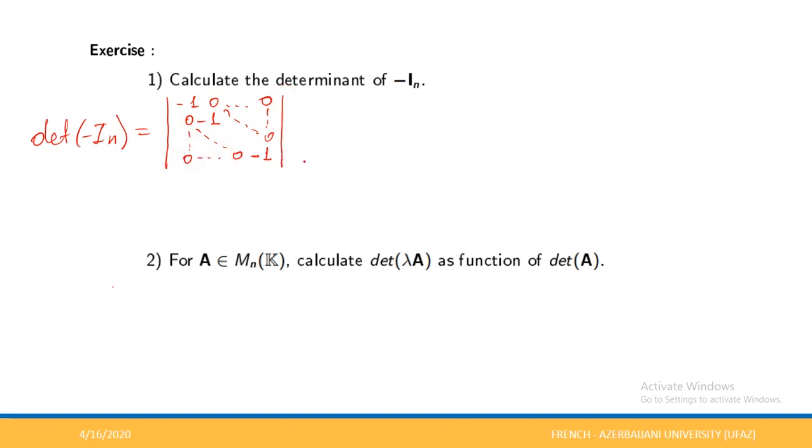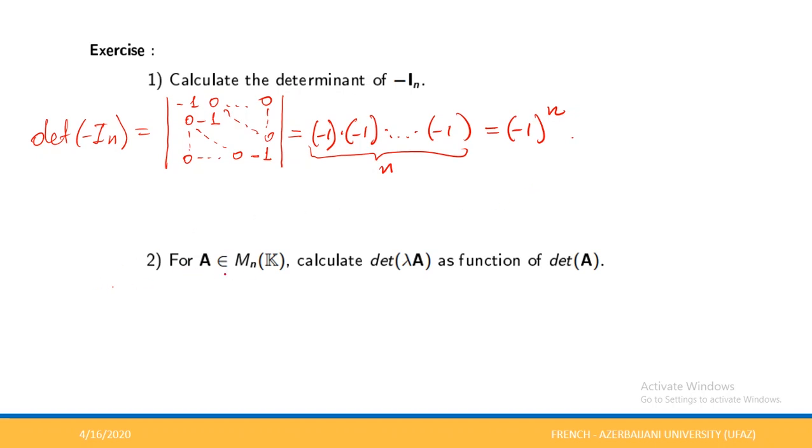This matrix is a diagonal matrix. Because of this, the determinant will be minus 1 times minus 1 times minus 1. The number of minus 1s is n. Then the result will be minus 1 to the power of n. That's all.